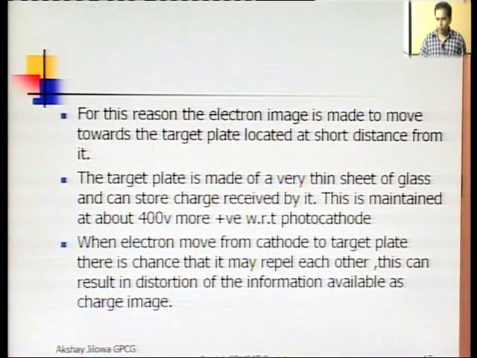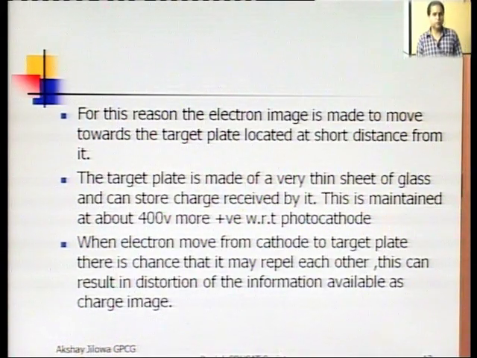So, those electrons which are liberated from the photocathode are made to travel to the target screen. When they reach the target screen, because it is kept at a positive potential with respect to the photocathode, these electrons will merge into the target screen and be stored there. So, that charge will be stored on the target screen.